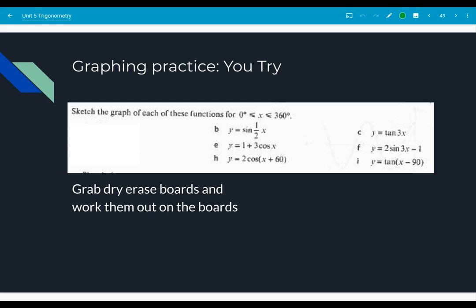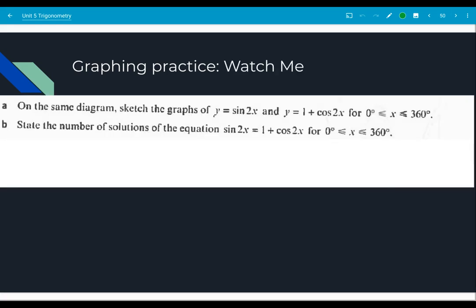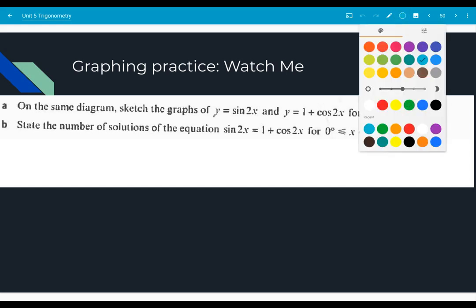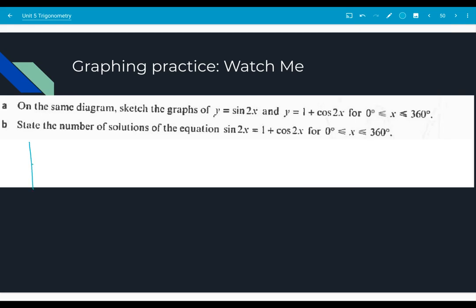Now let's see you try. So the first thing we're going to do is graph 2 sine. So we've got 1, 2, 3, 4.